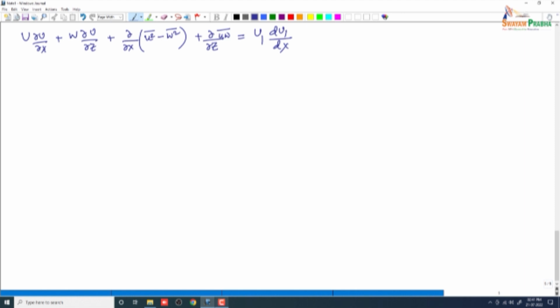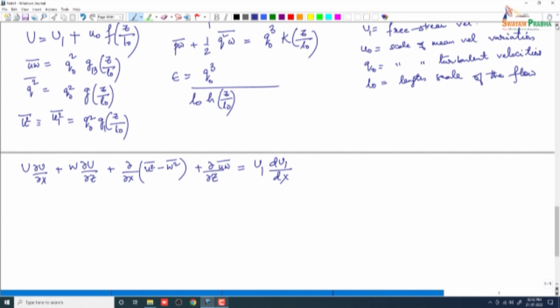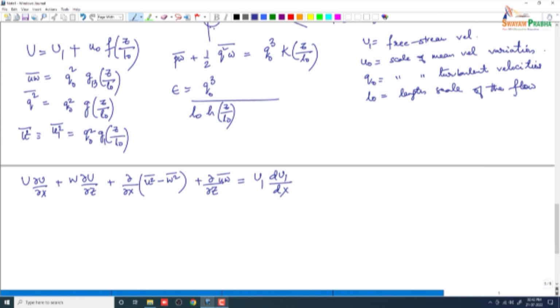So now essentially we are going to introduce the distributions, which is self-preserving distributions. So basically replace u and the other quantities with what we just wrote out, right? So introduce the self-preserving nature of the flow into the momentum equation. This is the distribution we wrote out. That's for the self-preserving distribution, right? So we introduce that into the momentum equation, and let's see what we get. So now, what sort of equation we get?